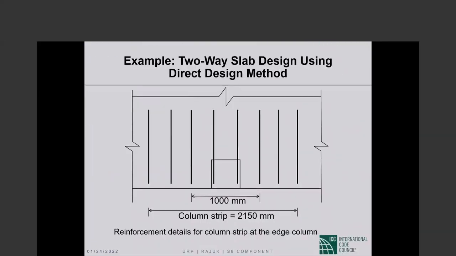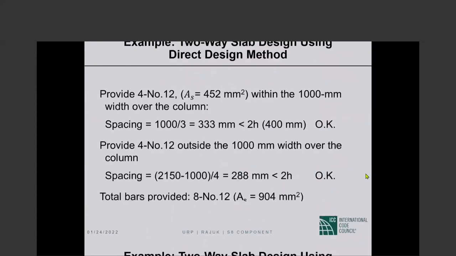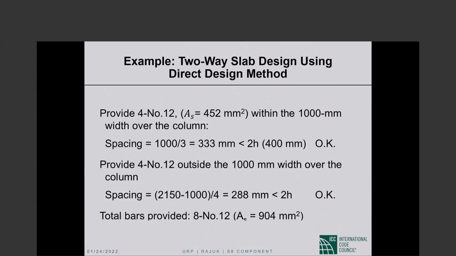And this is the picture. Within the moment transfer band, which has a width of 1000 millimeters, we are providing 4 bars. And outside of the moment transfer band within the column strip, we are providing 2 bars to the left, this one and that one, and 2 bars to the right, for a total of 8 bars.